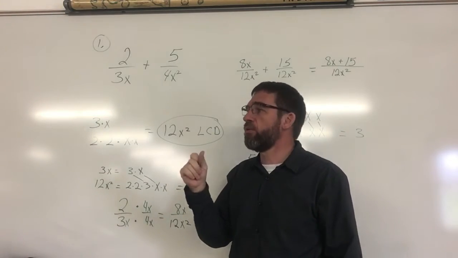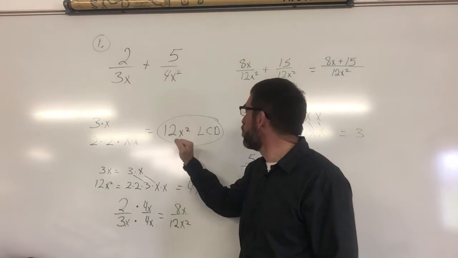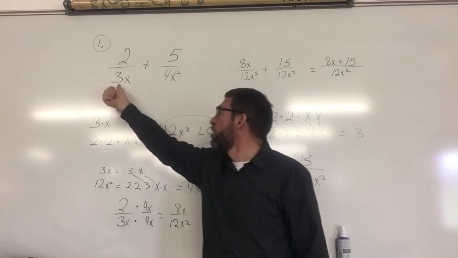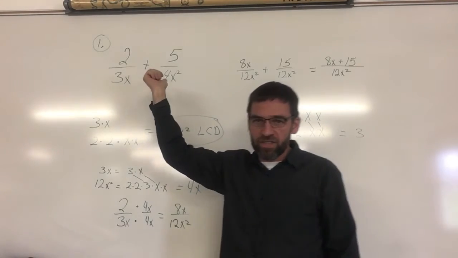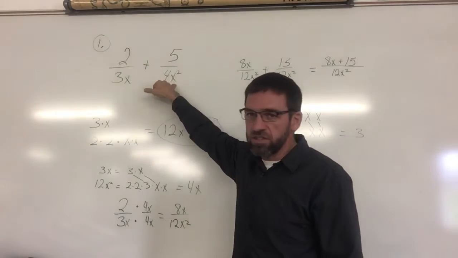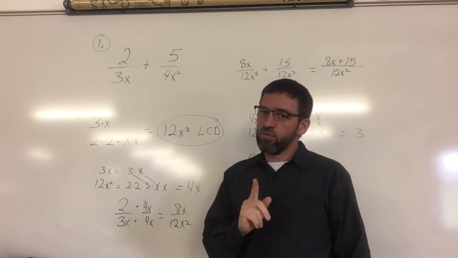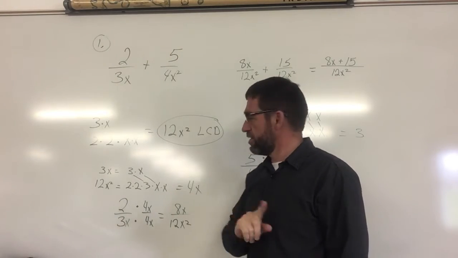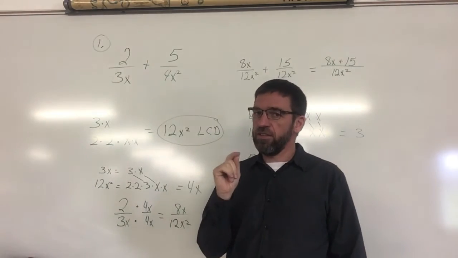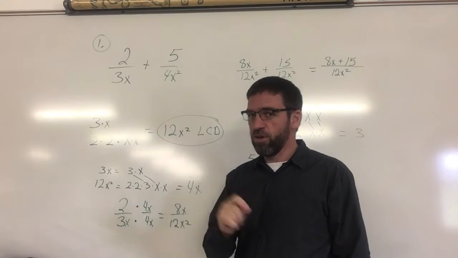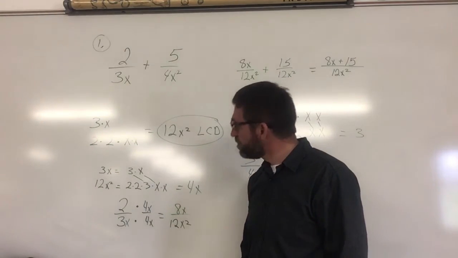I'll show you in a little bit why you can't do that. For this problem, you could have found the least common denominator by multiplying your numbers together and choosing the largest exponent. That's not the safest way, though. Please understand, you need to understand this concept well before you start taking that shortcut.